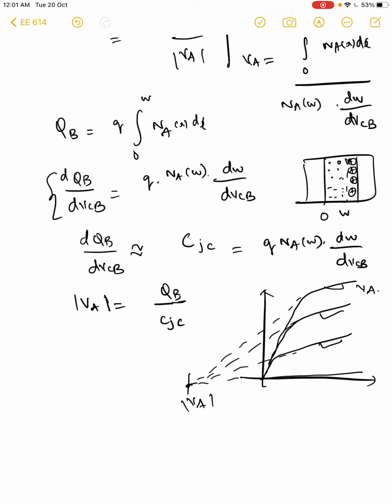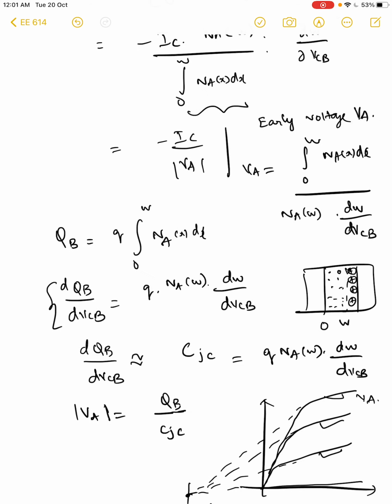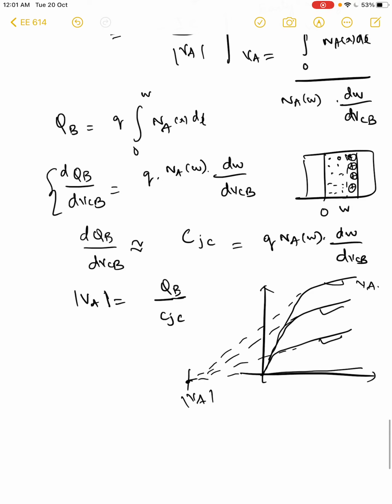And if VA is large enough, then we will see that this slope is small enough, because we saw the slope is inversely proportional to this VA, right? This is 1 by VA. And how do we obtain large enough VA? We obtain large enough VA by changing the total dopant concentration in the base.